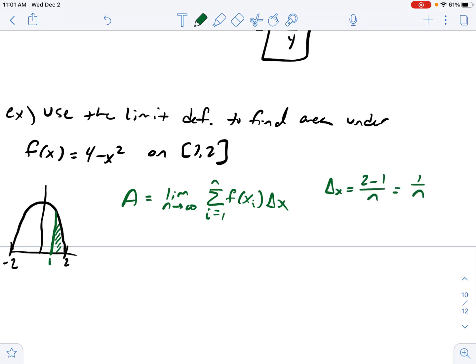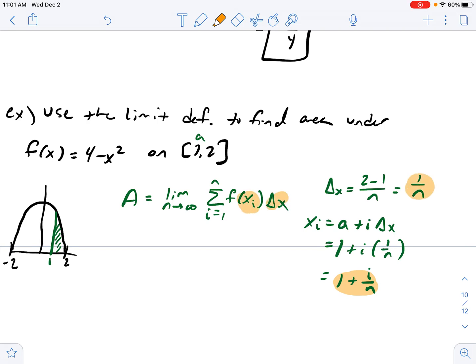Delta x, b minus a over n, ends up being 2 minus 1 over n or 1 over n again. x sub i, I'm going to go with the right side, a plus i delta x, which in this case, a is 1 this time, so be careful, plus i times 1 over n, 1 plus i over n it is. Okay, so there we have our x sub i, our c sub i. Okay, so I'm going to sub this in here, and I'll sub this in there.